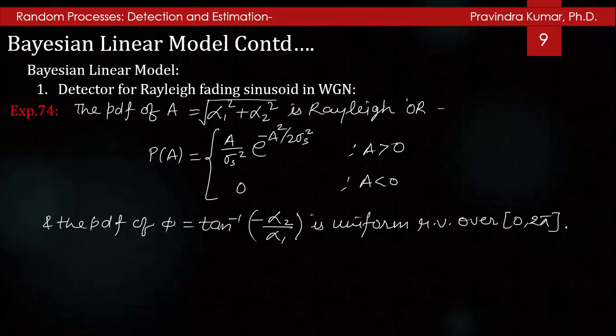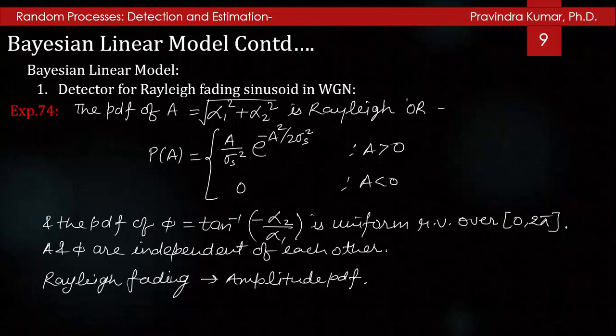And the PDF of phi, tan inverse of minus alpha 2 by alpha 1, is uniform over 0 to 2 pi, and A and phi are independent of each other. The term Rayleigh fading refers to the amplitude PDF because the amplitude has the Rayleigh distribution. The channel model is referred to as the Rayleigh fading channel model.